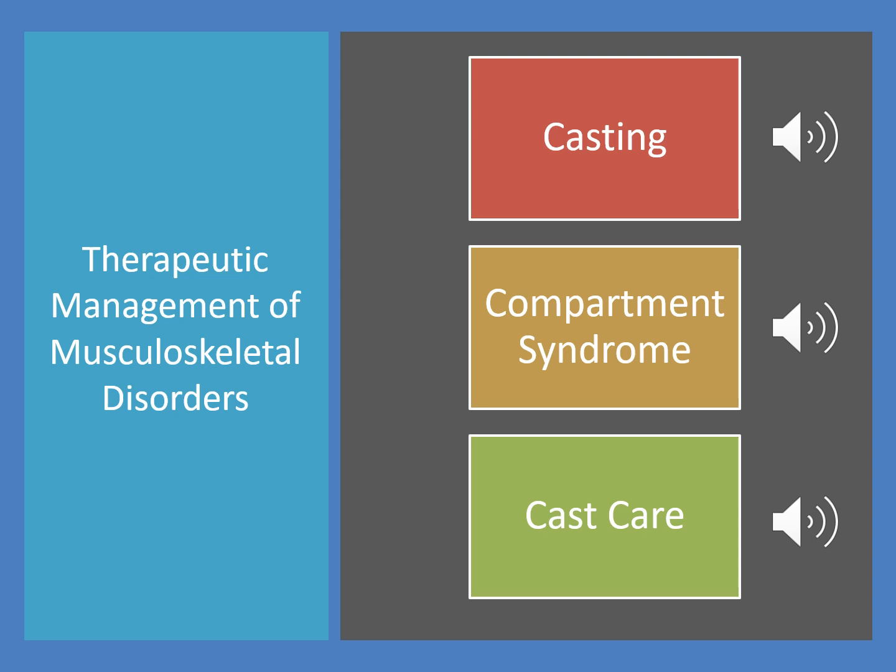And again, whenever we're handling large casts, you want to make sure you're modeling good role behaviors when moving the child around. So if the child has an abduction bar, which is a bar to keep the legs separated, I have a picture here in a couple of slides that'll show you that.